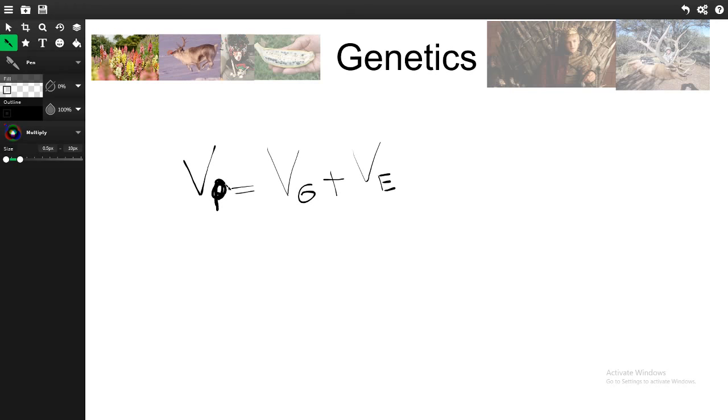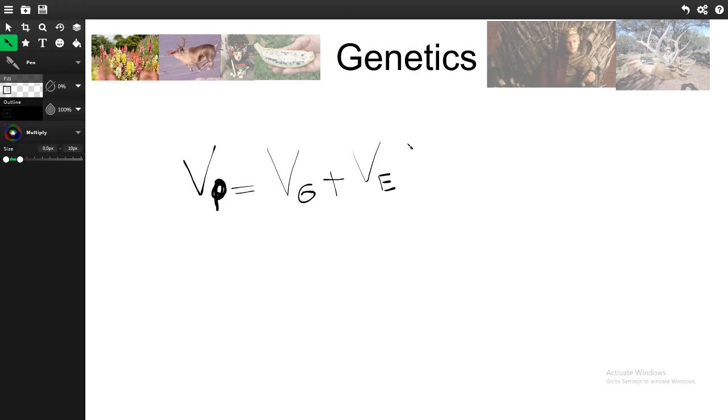So like IQ, you can measure IQ, height, you can measure height, you can measure weight. VG stands for the variation due to genetic differences within a population. And VE is the variation due to environmental differences in a population.